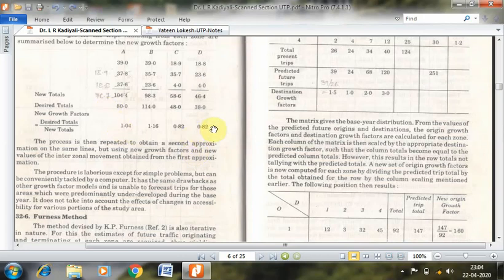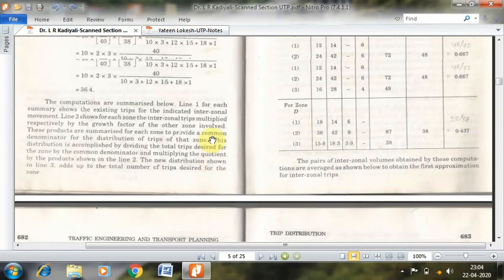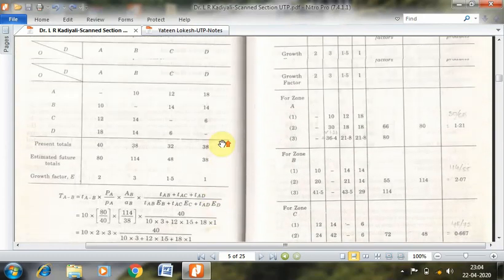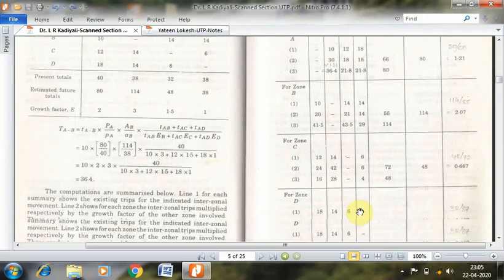So these new growth factors what we get need to be replaced here, here and here, and then the elements here would be replaced by these new capital T ij's.